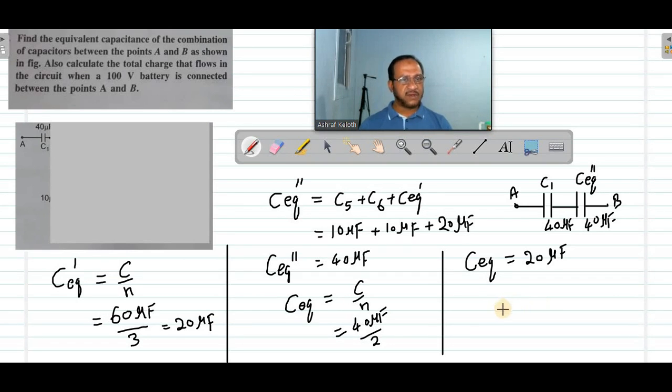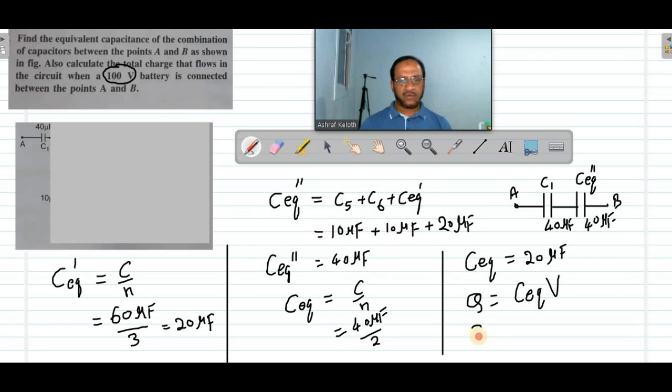Then we can easily find the total charge. What is the total charge in this circuit? Q equal to CV. Here we use Q equal to C equivalent into V, net capacitance into V. V is given as 100 volt. In the question it says a voltage of 100 volt is applied, so 100 volt is the applied potential difference.